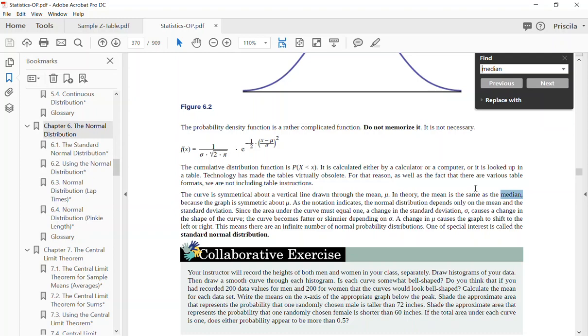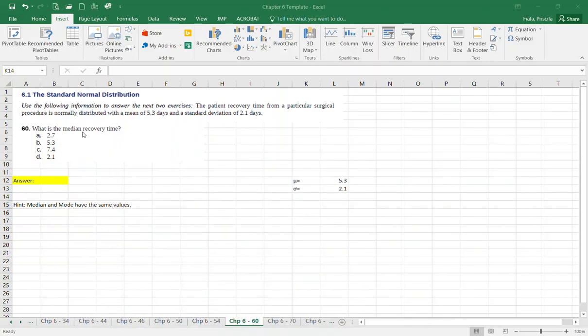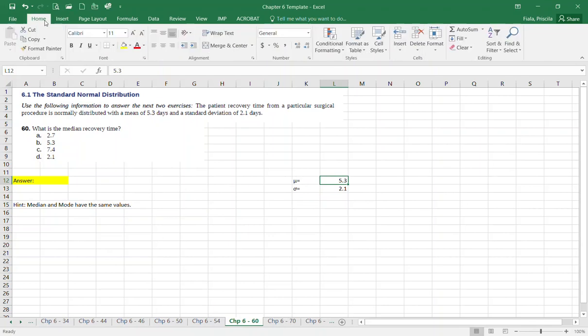So if the mean is the same as the median, what is the median recovery time? If your mean is 5.3, your median is going to be also 5.3. Mean and median have the same values, which I corrected here. It was saying wrong. And here we go. That's your answer, and you would be done with problem 60.